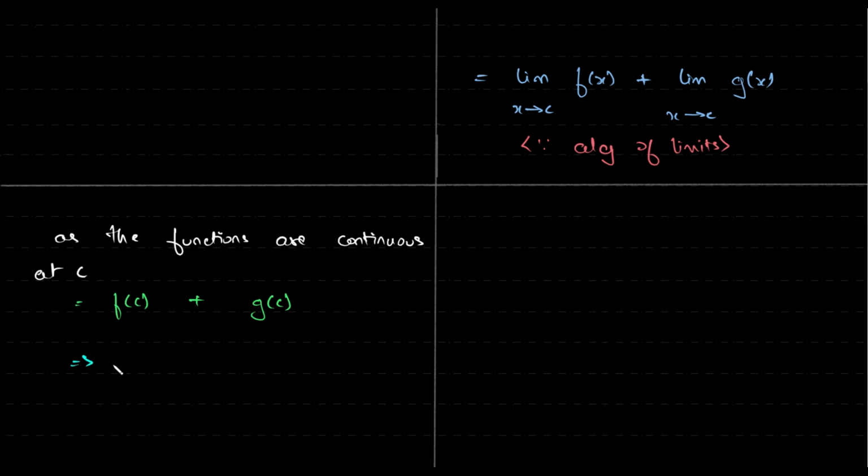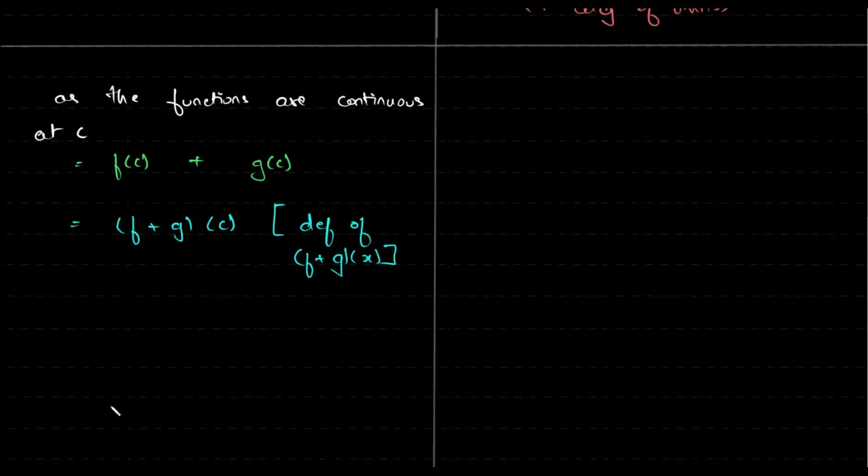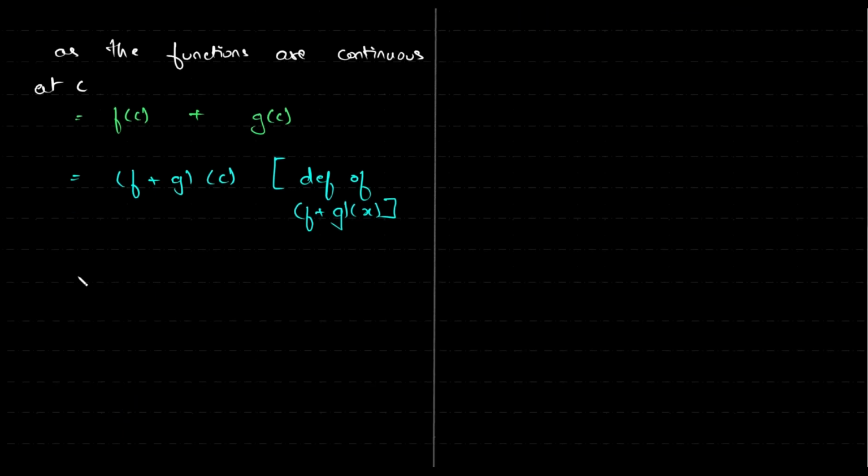And this implies that f plus g of c, this is again as per the definition of f plus g of x. Right? Does it make sense? And this is going to imply that f plus g of x is also continuous at c.